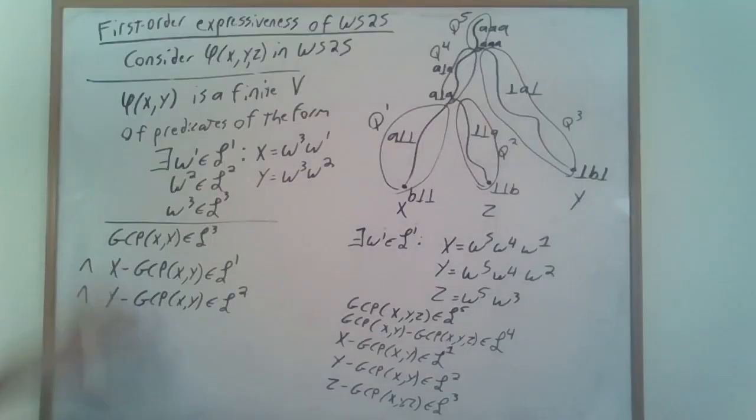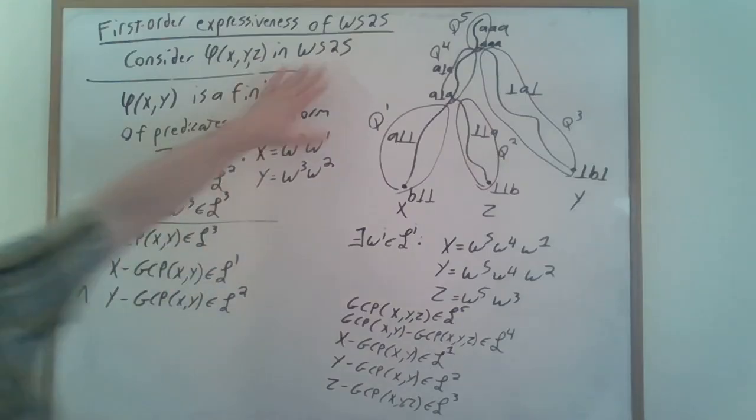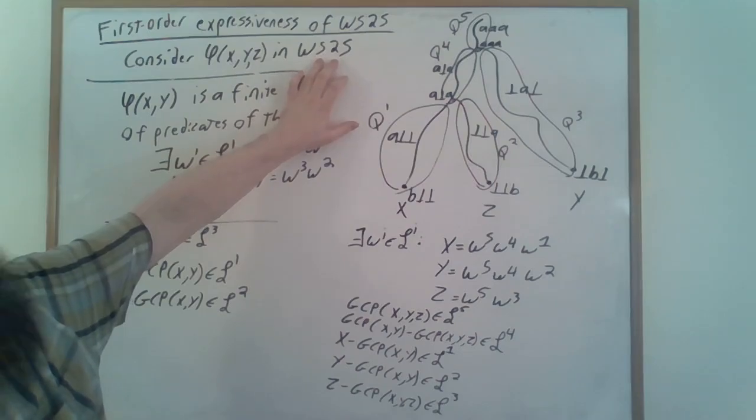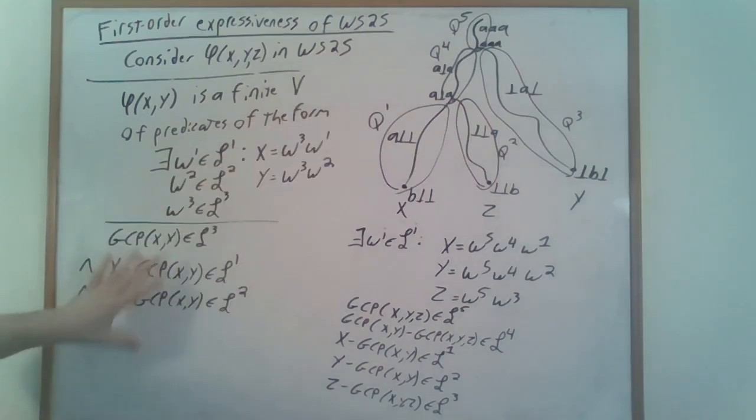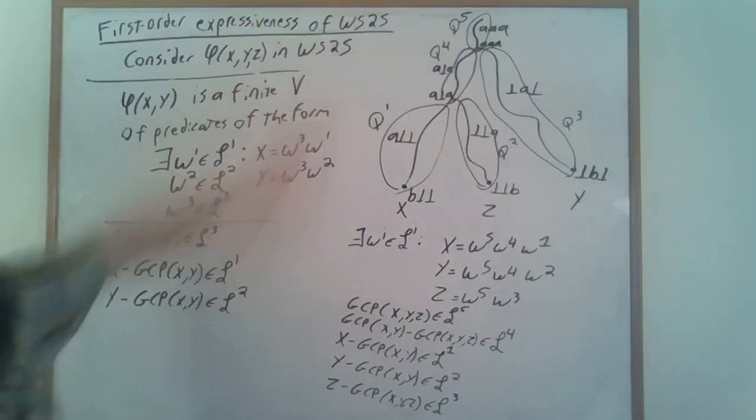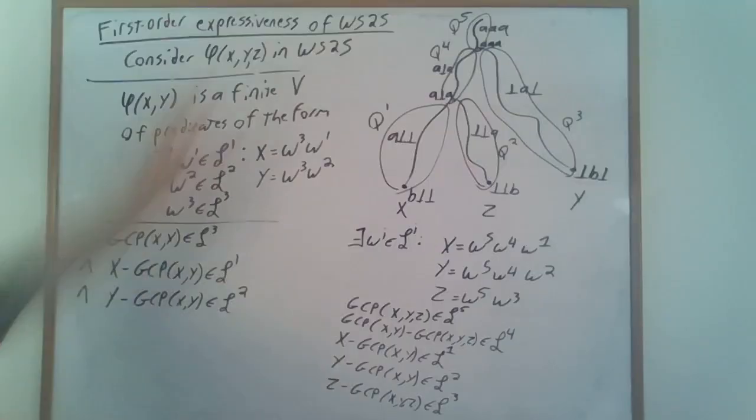We get some really interesting closure properties. We know, for instance, that the collection of things we can write like this in terms of ANDs and ORs of expressions like this has to be closed under negation, because this is equivalent to weak S2S, and weak S2S is closed under negation. And it also has to be closed under quantifiers for all x and there exists an x, because weak S2S is closed under those quantifiers, and again, they're equivalent.